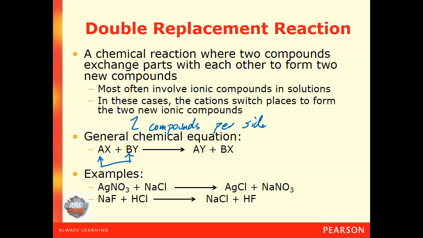And we generally see this with ionic compounds when they are dissolved in water. So these reactions here, if we were to put phases on them, you can see this is aqueous, this is aqueous, this is actually a solid that comes out of the aqueous solution, and that is aqueous also.